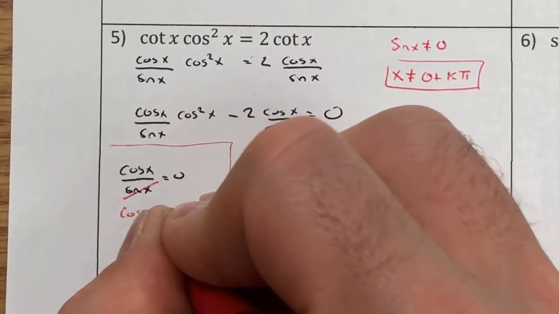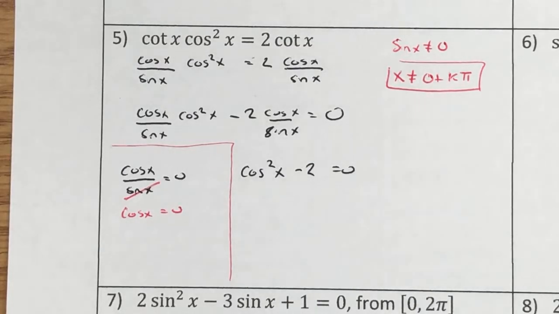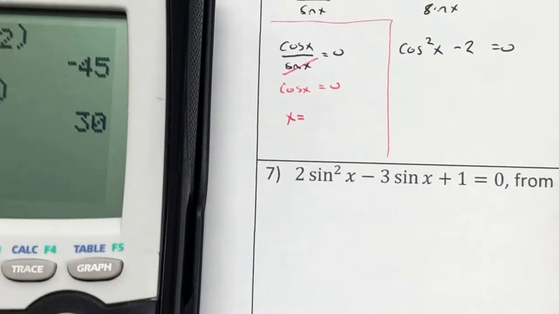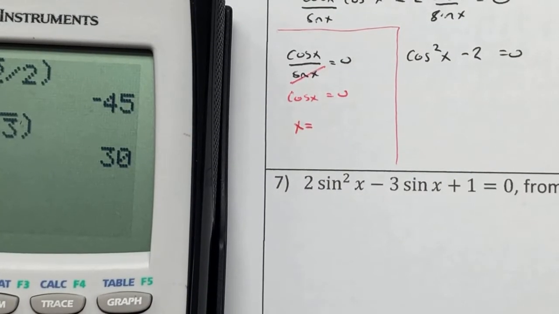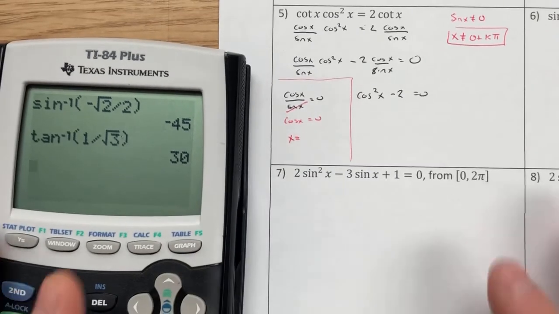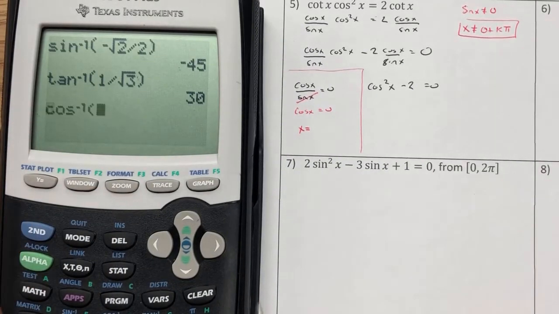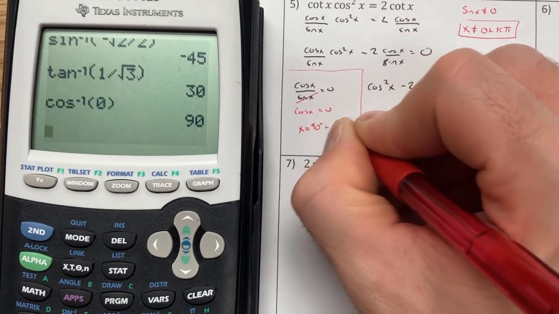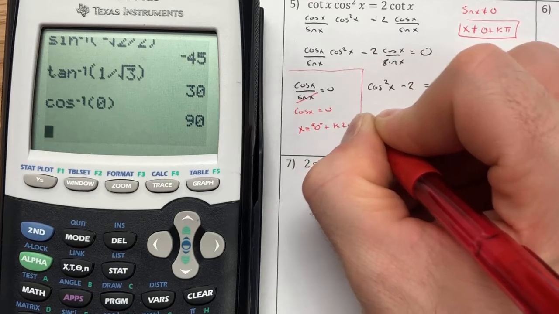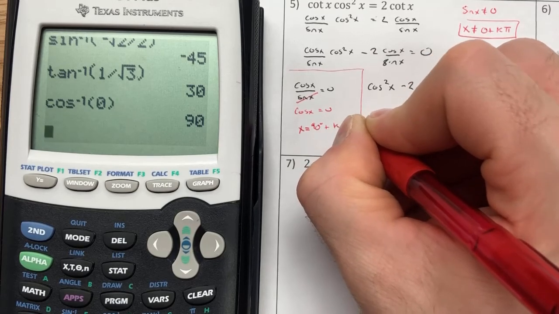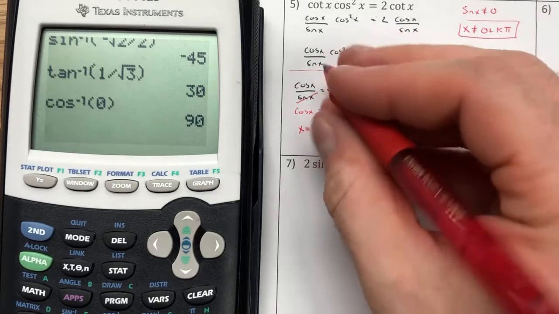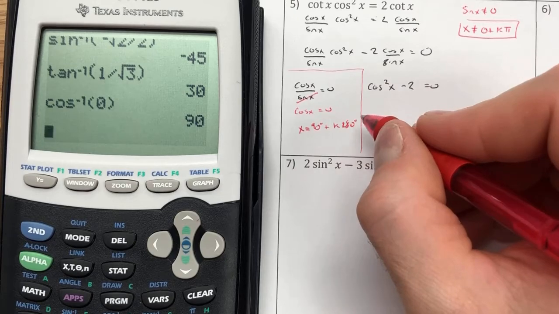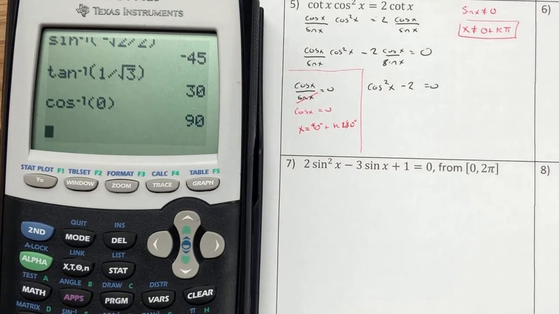So when is the cosine of x equal to 0? Well, now the cosine of x is going to be a couple different points here. Okay. So the cosine of x is equal to 0 every 90 degrees plus k 360 degrees. Let's double check.